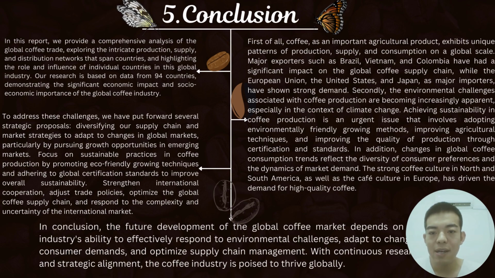Our strategic proposals aim to optimize the global coffee supply chain, diversify markets, and foster international cooperation to tackle the complexity of the global market. The future of coffee hinges on our ability to adapt to changing consumers' demands, embracing sustainable practices, and continuously innovate.